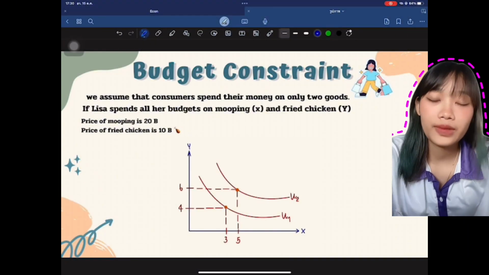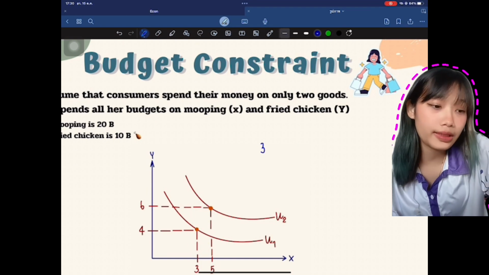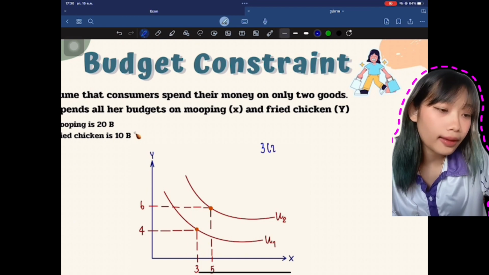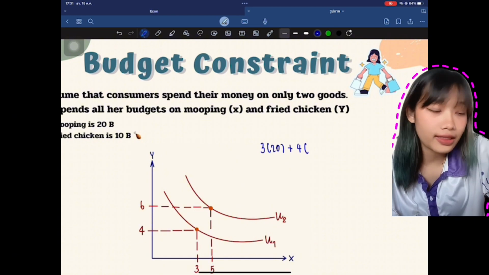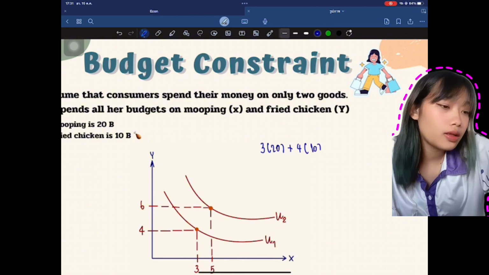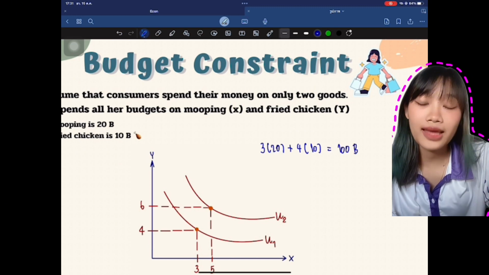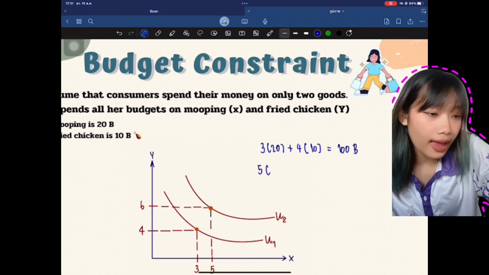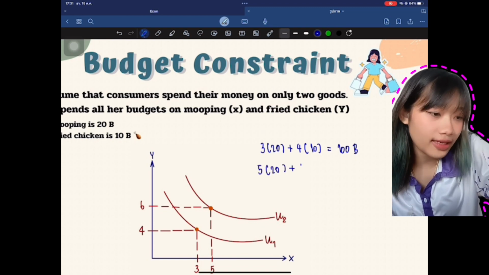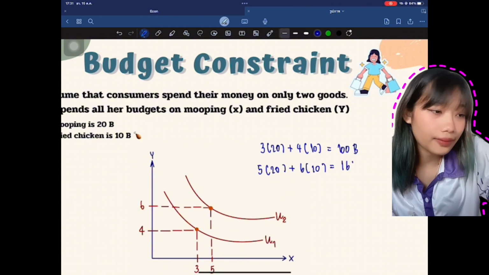Let's say Lisa wants to consume 3 หมูปิ้ง, where the price of หมูปิ้ง is 20 baht, and 4 fried chicken, where the price of fried chicken is 10 baht. So Lisa has to pay 100 baht. And then if Lisa wants to consume 5 หมูปิ้ง and 6 fried chicken, Lisa has to pay 160 baht.